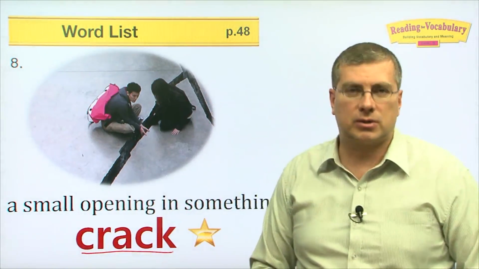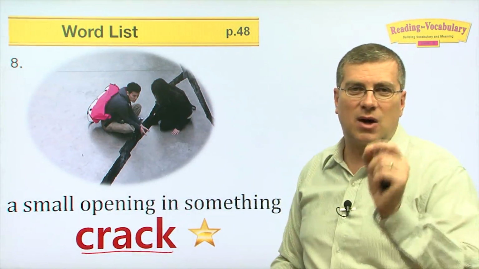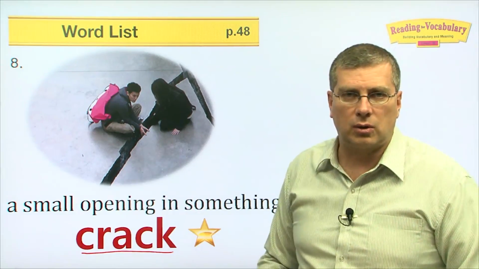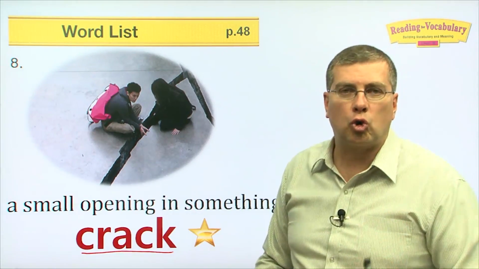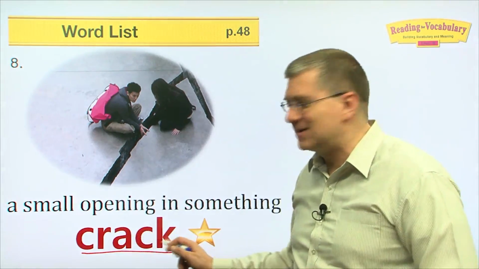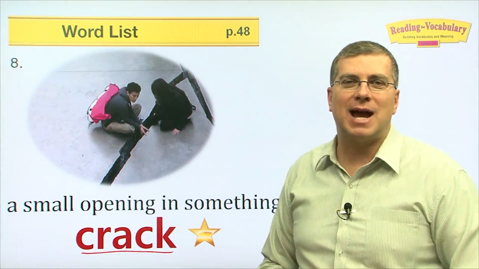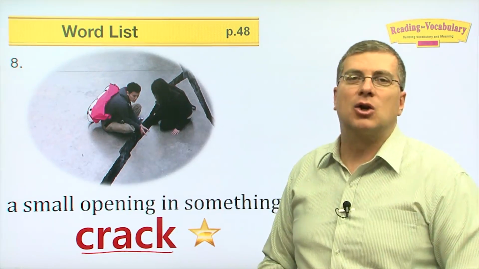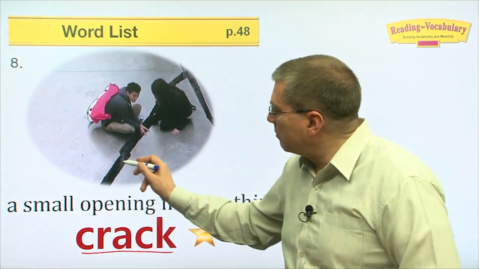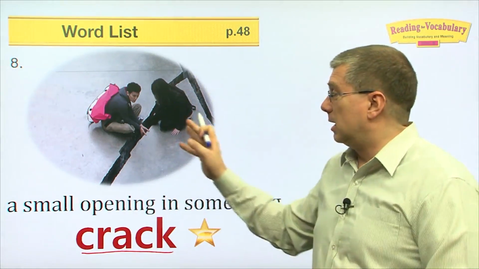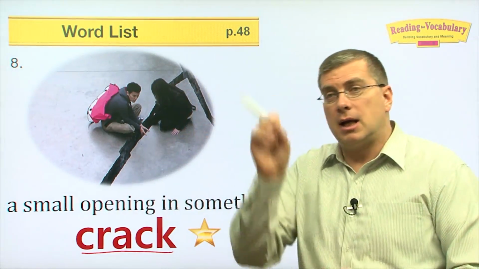C-R, cr. The C is hard. K, and R. Put them together. Cr, crack. Okay? A-C-K, crack. Now, that's maybe difficult to pronounce. Crack. So when you see a small opening, especially in stone or even metal, a little opening.